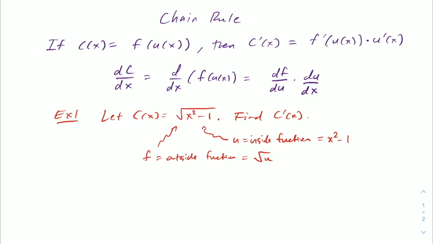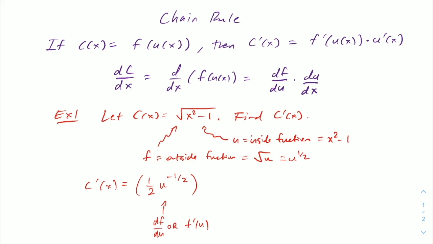So this tells us how we're going to compute the derivative. We're going to first take the derivative of f, so derivative of square root of u, which if you use the power rule is going to be 1/2 u to the negative 1/2. This is df/du, or f prime of u.